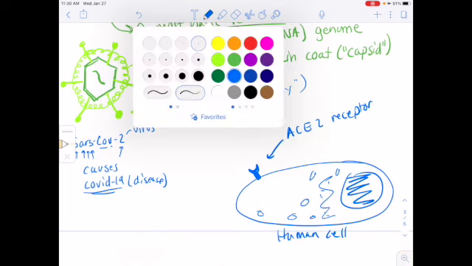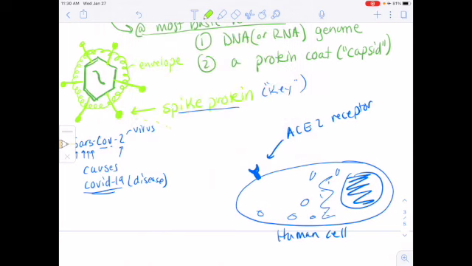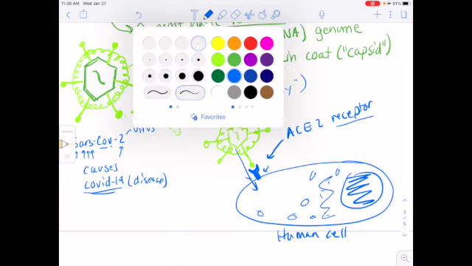And what happens is that the little coronavirus, with its spike protein, can bind. Its spike protein binds to the ACE2 receptor. This causes the cell to open up and pull the virus inside.